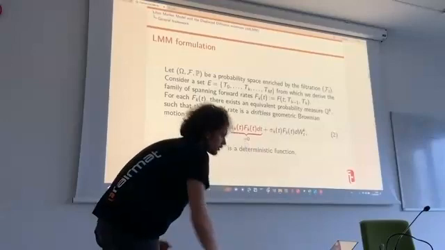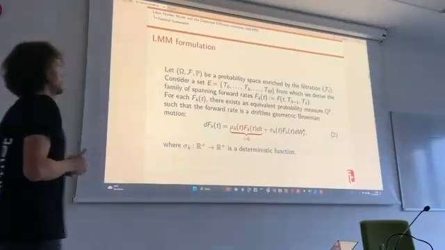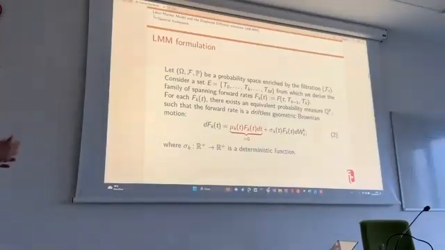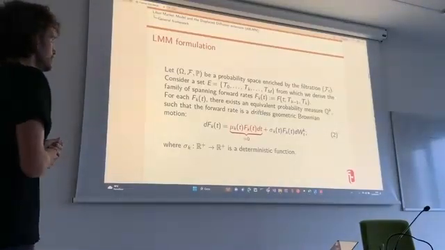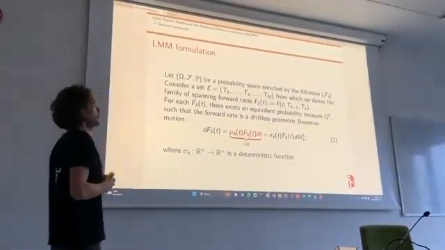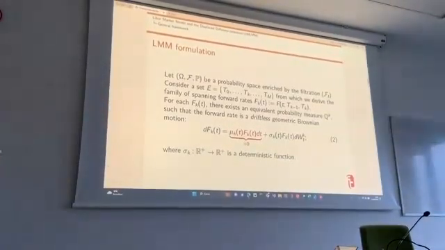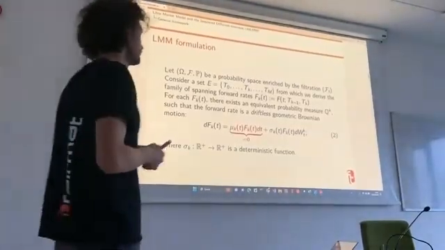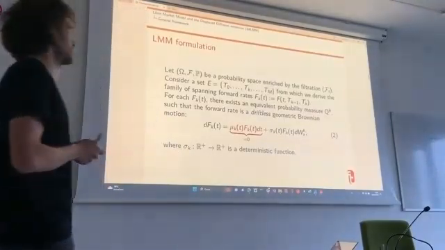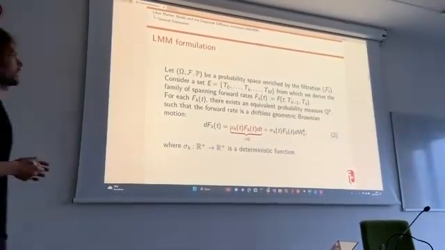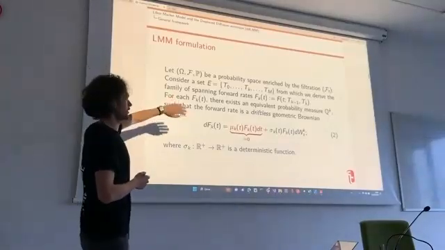Okay. So let's start from the Libor Market Model, the canonical one without the extension formulation. The idea is that we have a canonical probability space, omega, F, and probability measure P, each with a filtration. Then we consider a time set, called E, from which we derive a family of spanning forward rates.